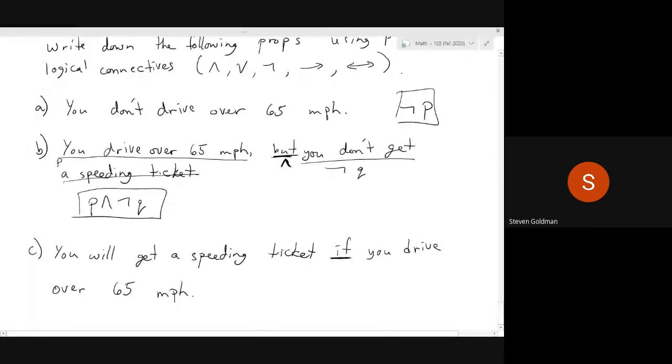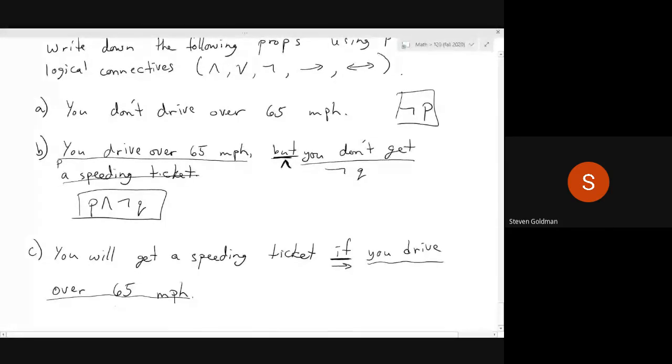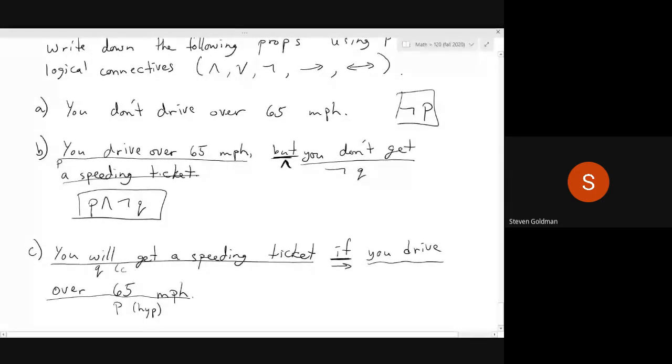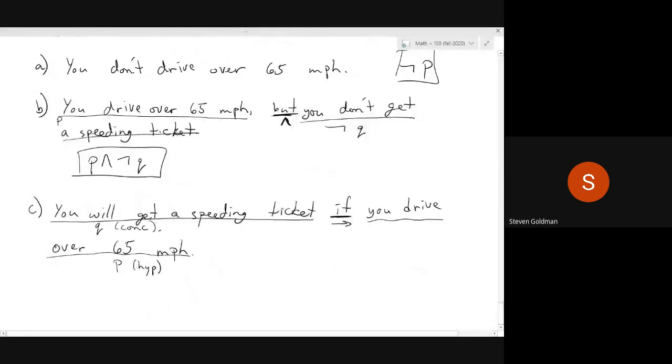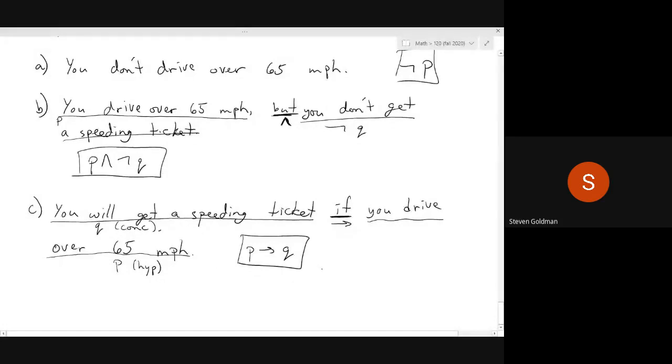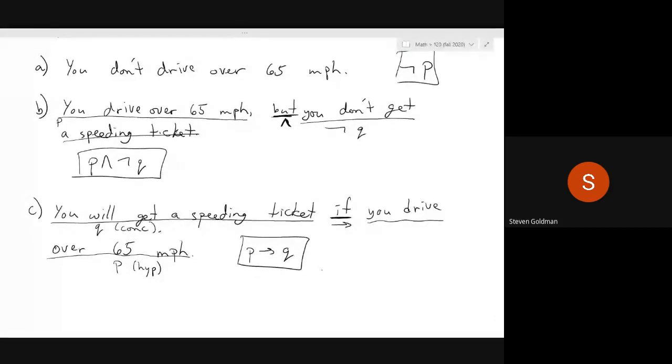Whenever we see if, that tells us that this is a conditional statement. What's the hypothesis and what's the conclusion? The hypothesis is whatever comes after the word if. That's the P, that's the hypothesis. And the other part is the conclusion. So this is Q, and that's the conclusion. As a logic expression, this would be if P, then Q. It's the same thing as saying, if you drive over 65 miles per hour, you will get a speeding ticket.